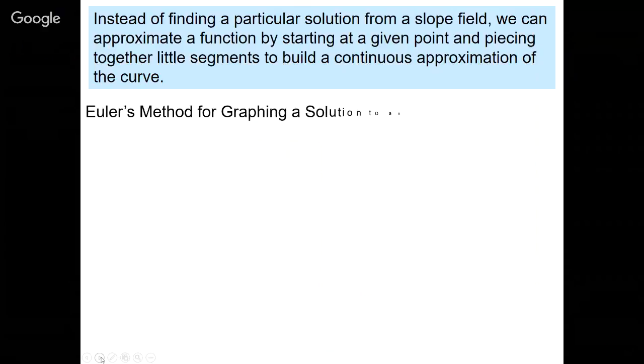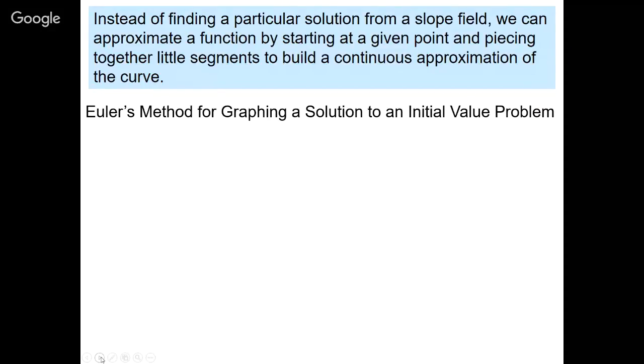And they call that Euler's method. I kind of look at it as jumping on different tangent lines at points so that we can estimate what the function value is. It'll make more sense when I go through a couple of examples here.